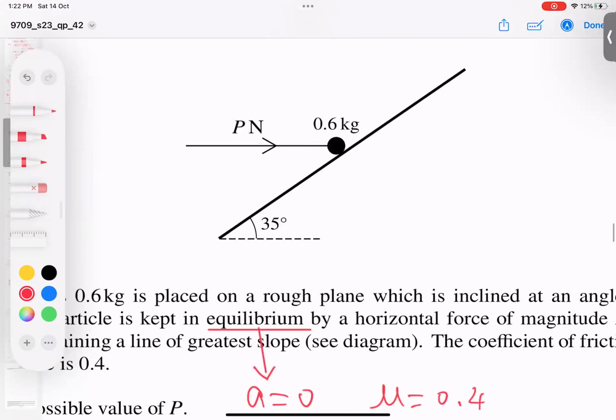So first of all, before I start, every time weight component, all people know, but I will start with the P force. Job number one, check whether these two lines are parallel or not. Answer is yes.